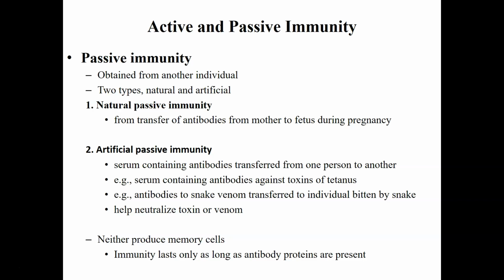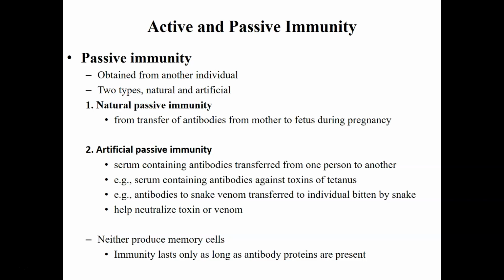So even though the fetus is not directly exposed to an antigen, it can get antibodies from the mother that will protect it. Those antibodies will circulate in the fetal circulation, and even in the newborn's circulation. They'll last for a while, weeks or so, maybe a couple months.